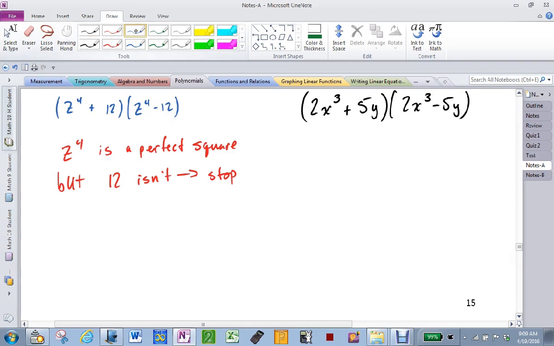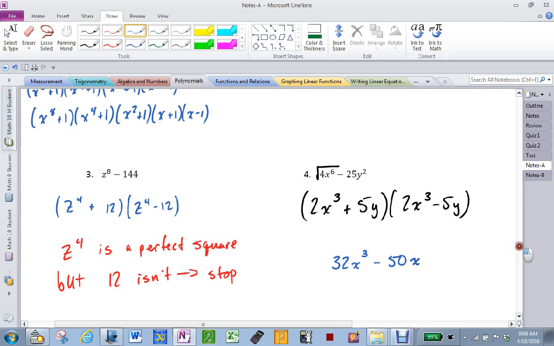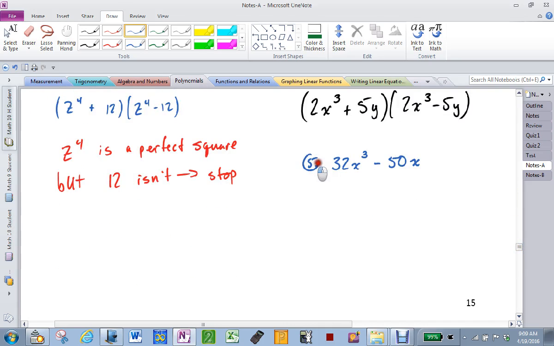Let me give you one. 32x cubed minus 50x. Okay, so what number are we up to? This would be number 5. This is one of the things that could screw you up.